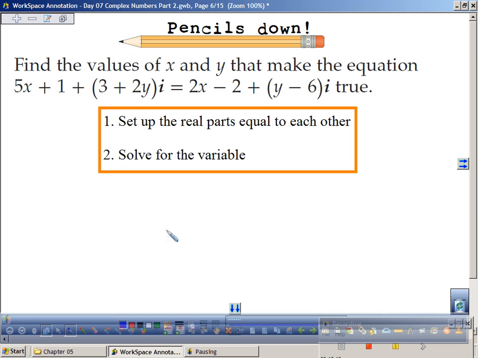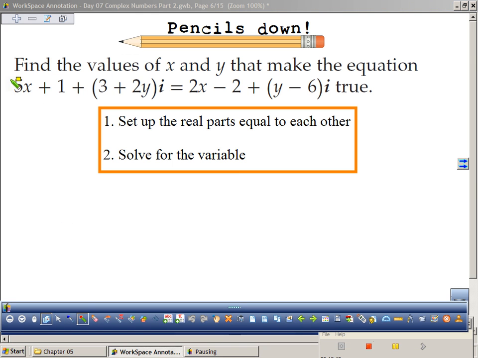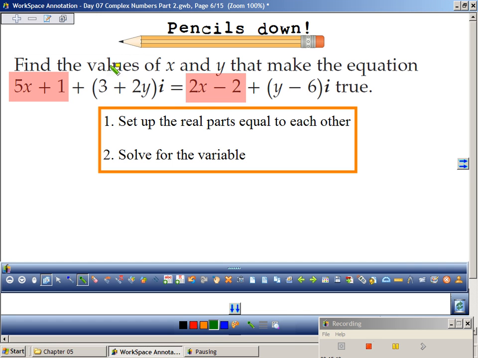All right, so first of all, let's set up the real parts equal to each other and the imaginary parts equal to each other. So what I'm going to do is I'm going to say, well, there's a real part. There's a real part. Here's an imaginary part.